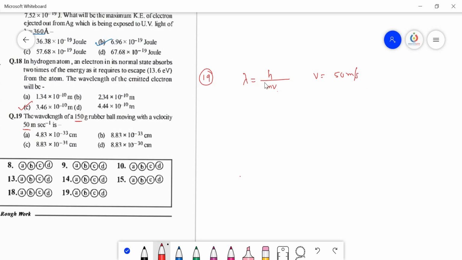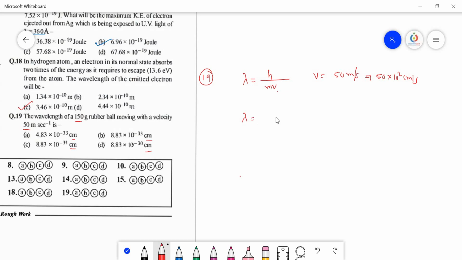So you can convert, because here if you want to take the mass in grams, you have to convert the velocity into centimeters per second. That is equals to 50 into 10 power 2 centimeters per second. Or else you can convert the grams into kg. But here the answers are in centimeters, no? So I am converting directly into centimeters only.